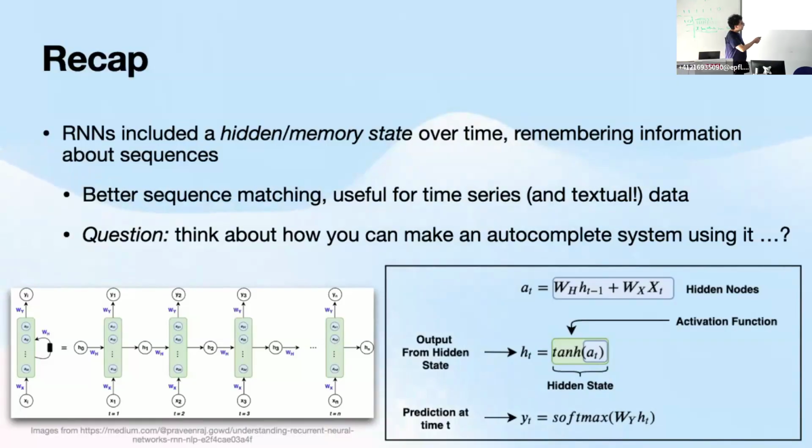At each time, here it shows a different notation. Instead of u, it uses W_h and W_x. It's basically the same thing. It's a linear combination of the input and a linear combination of the previous state. Here they call it state H, because H is for hidden state. Then you combine them together by summing them.